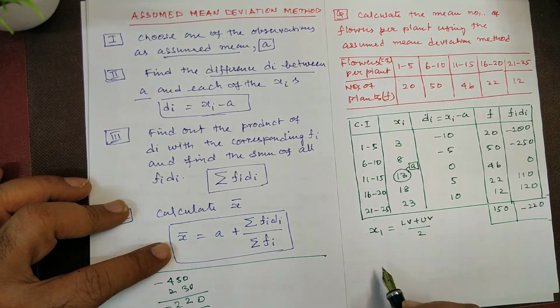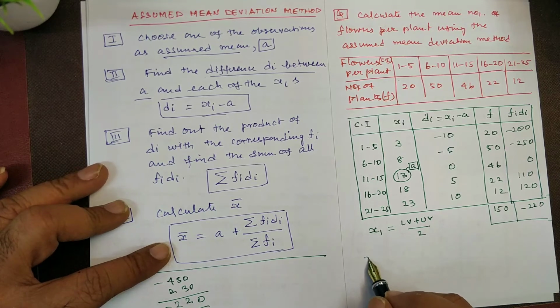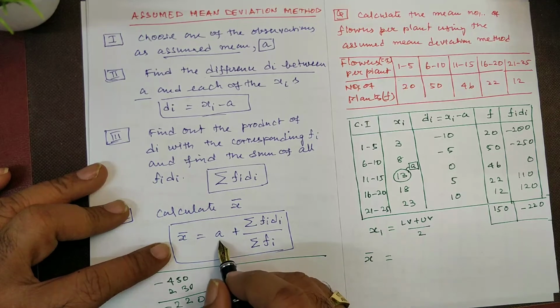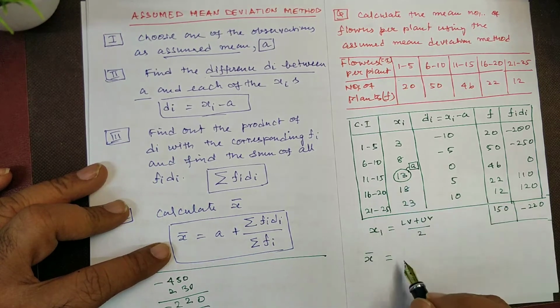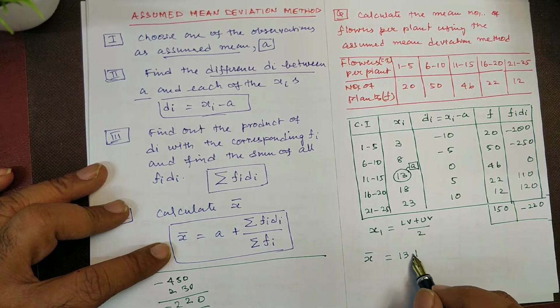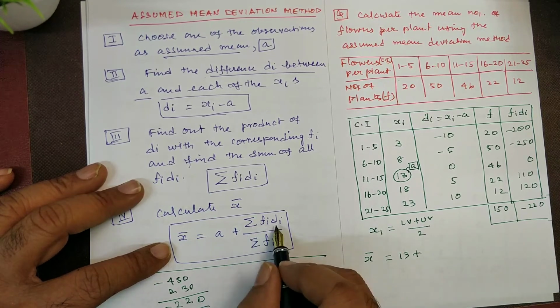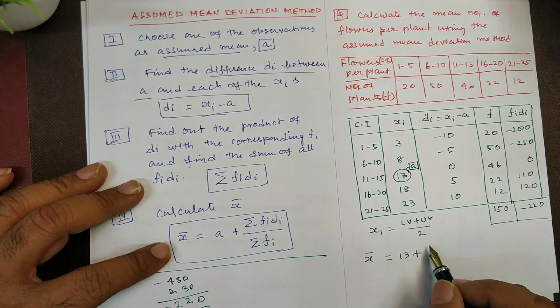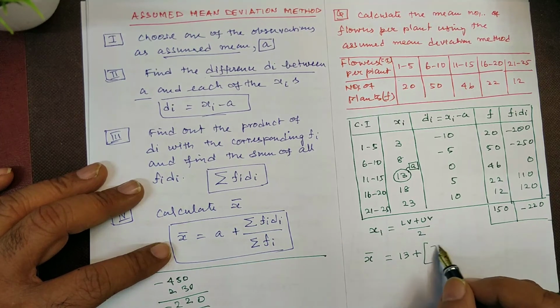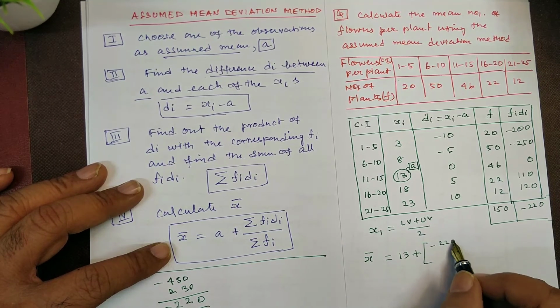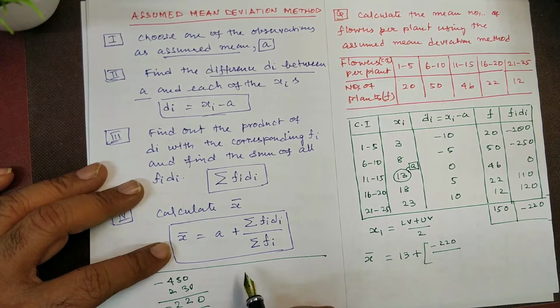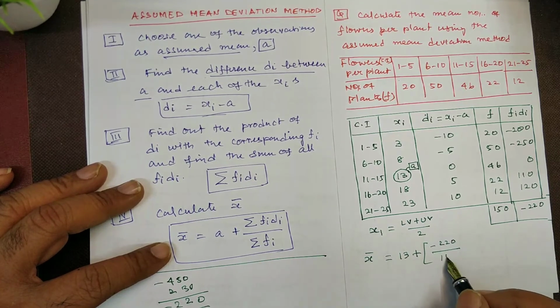X bar is equal to the assumed value 13 plus minus 220 divided by 150.